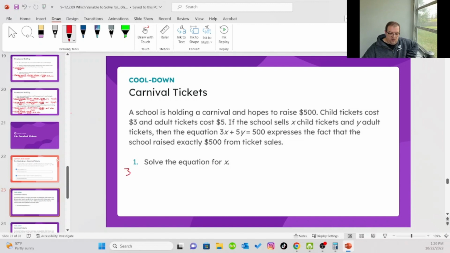So we take our equation, 3x plus 5y equals 500. If I want to solve for x, I need x equals. So the first thing I'm going to get rid of is 5y. Now I need to get rid of the 3.